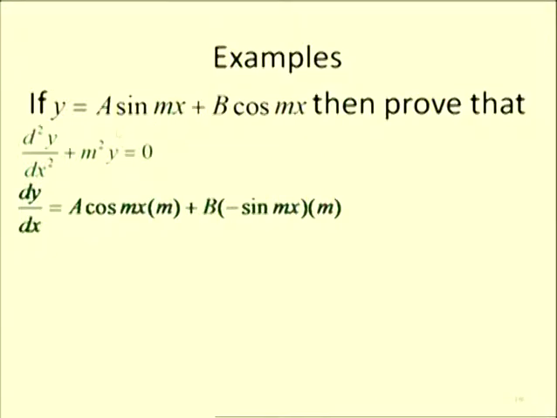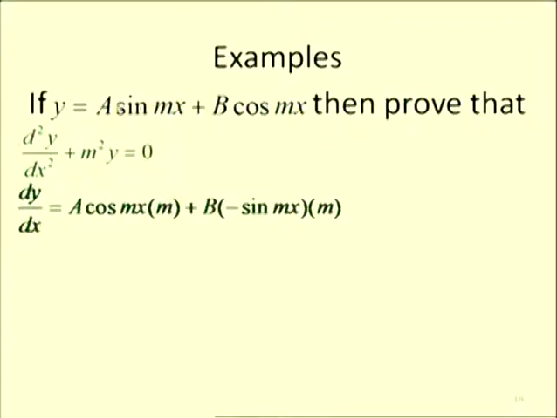So derivative of sin mx is cos mx into derivative of mx, because it is a composite function. So derivative of mx is m. So it is m, plus b into derivative of cos x is minus sin x. So derivative of cos mx is minus sin mx into derivative of mx, that is m.